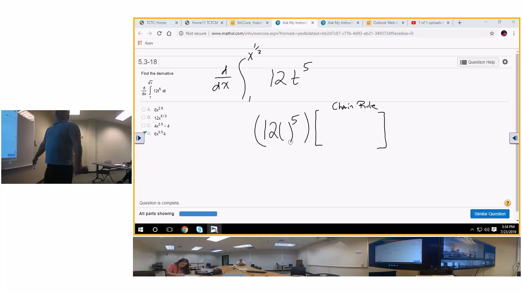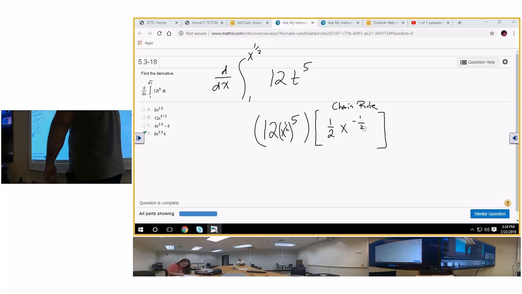I'm going to put x to the 1/2 power here, and then 1/2 x to the negative 1/2 there. All right, finish it.